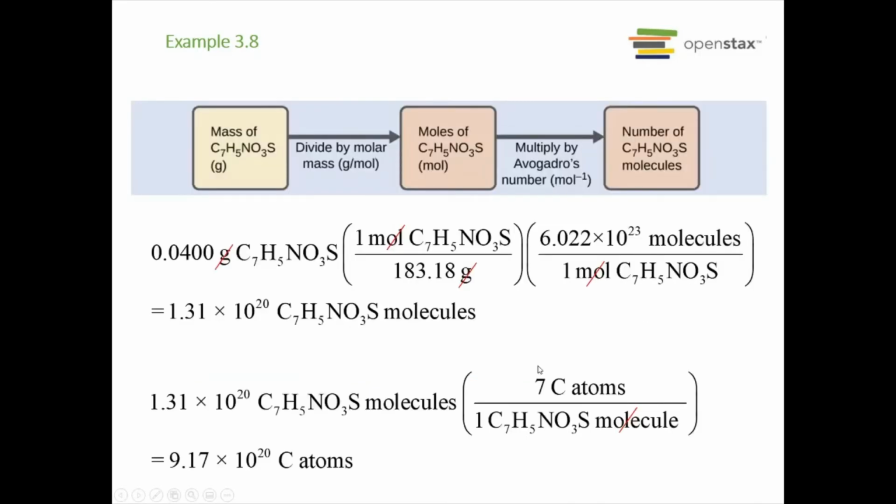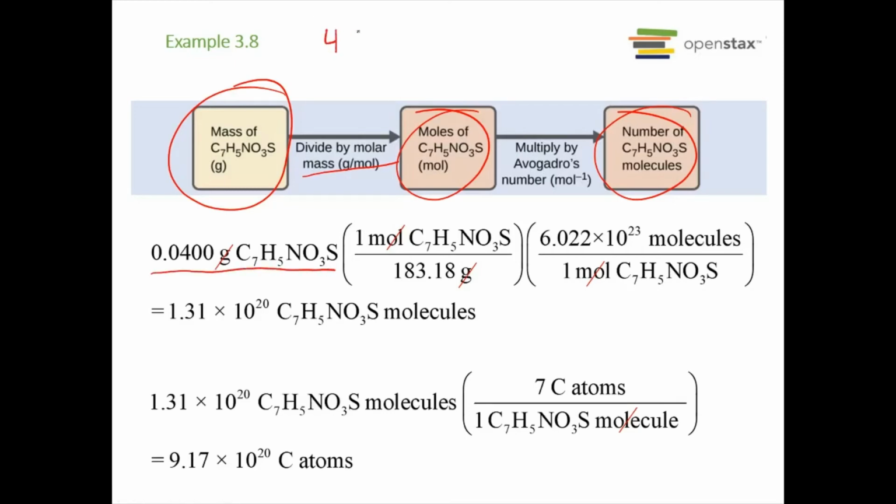So we're going to start by taking the grams of saccharin, use our molar mass to get moles of saccharin, use Avogadro's number to get number of molecules. Okay, so we had 40 milligrams, which was changed to grams, even though they told us, but just to kind of refresh your memory. We had 40.0 milligrams, 1 gram per 1,000 milligrams.